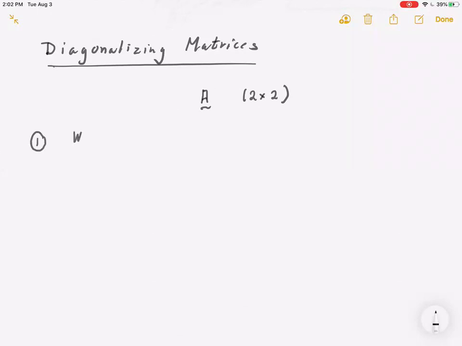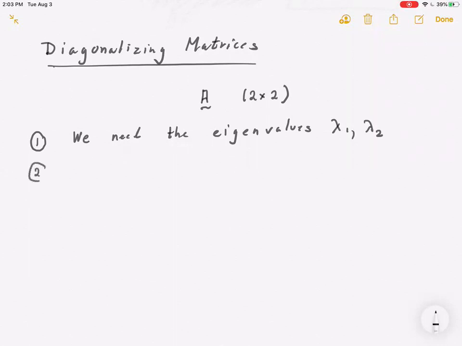So the first thing we did was we need the eigenvalues of this matrix A. So buried underneath the problem of matrix diagonalization is the eigenvalue problem. That's not a surprise because we built the whole machinery to diagonalize matrices upon the concept of the eigenvalue problem.